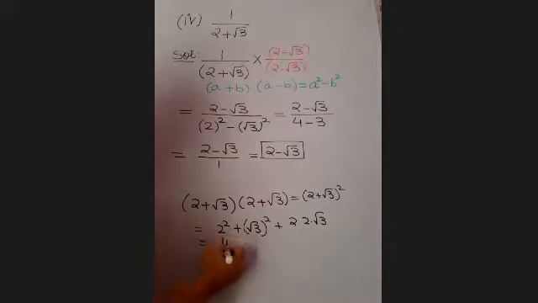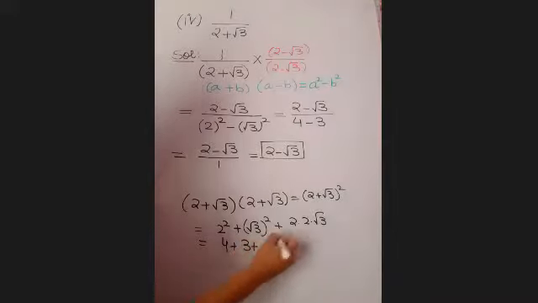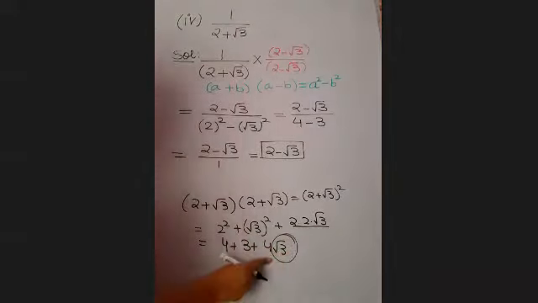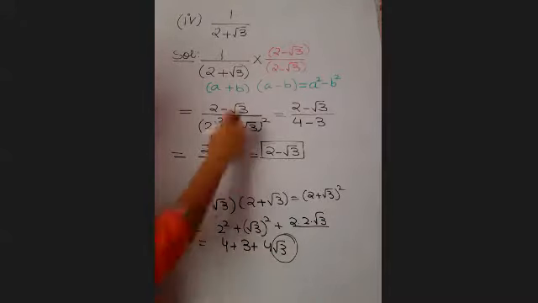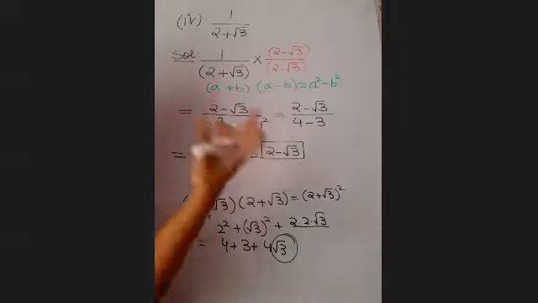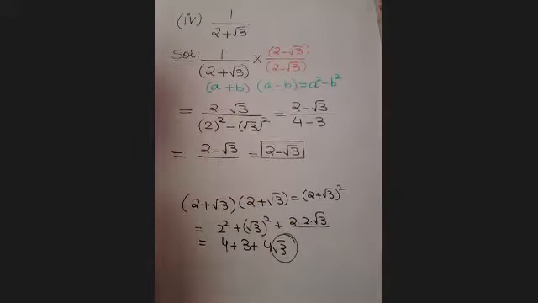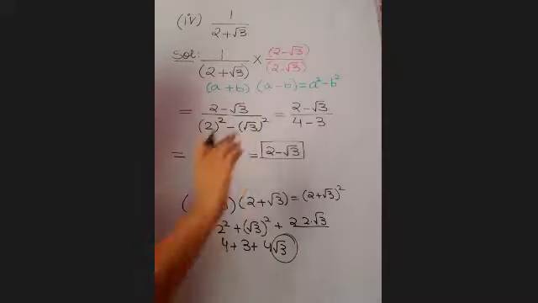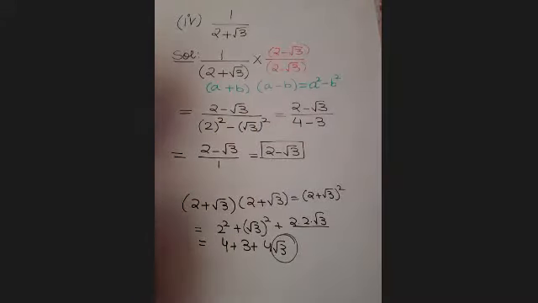So 2 square is 4, root 3 square is 3, and this becomes 4 root 3. So we are still not able to get rid of root 3. To get rid of root 3, we need to multiply and divide by the opposite sign so that we can apply this identity, a square minus b square.